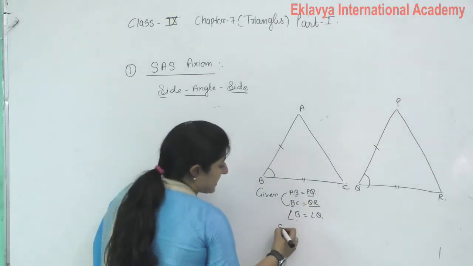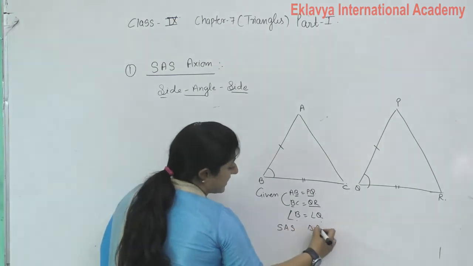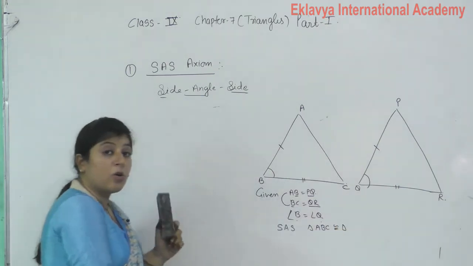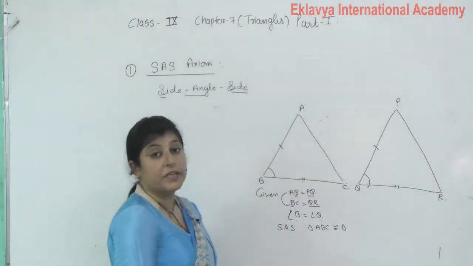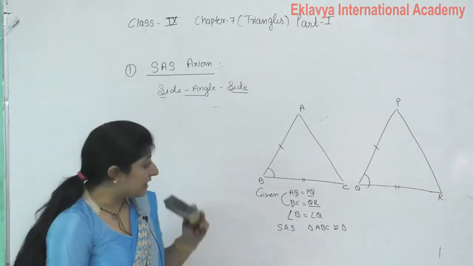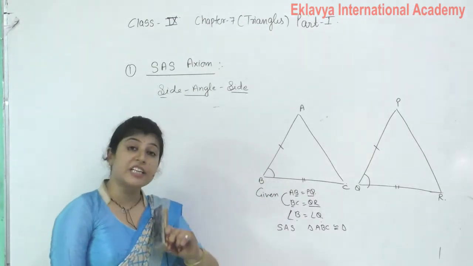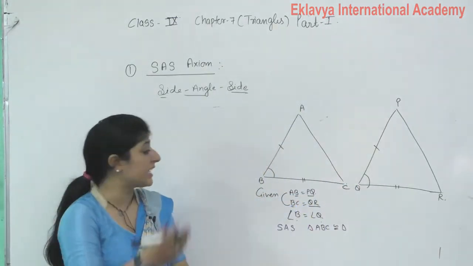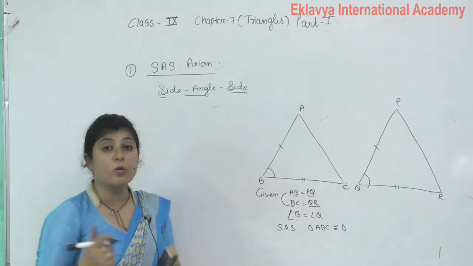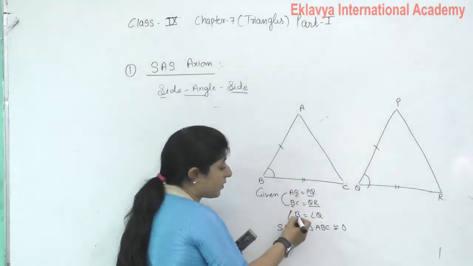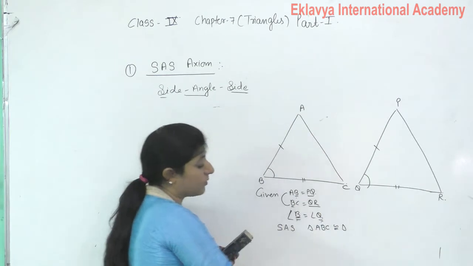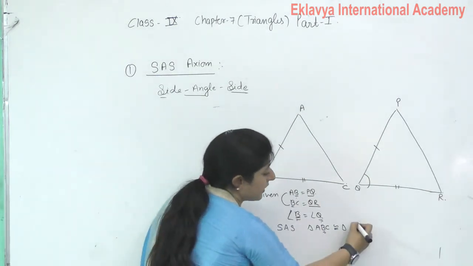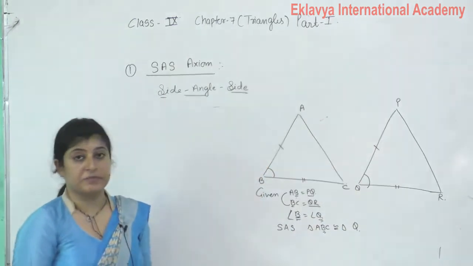So by SAS axiom we can say triangle ABC is congruent to triangle. Don't write directly PQR, firstly check it. It is not necessary that it is always a simple name PQR like this. We take another example, firstly see how to write down. In this angle B is equal to angle Q. Here we take B at the second number, it means Q is written at the second place.